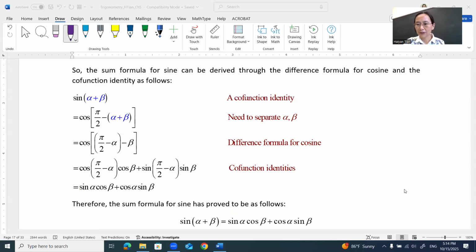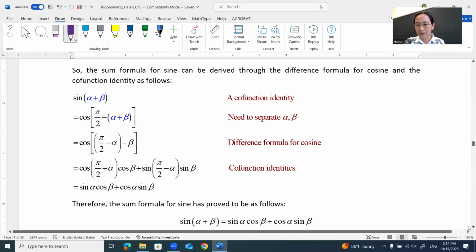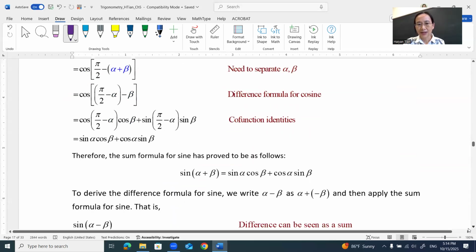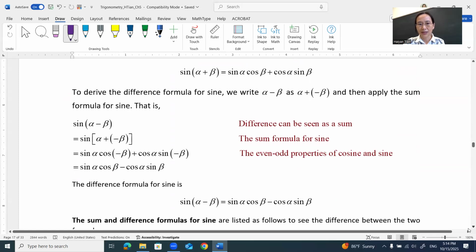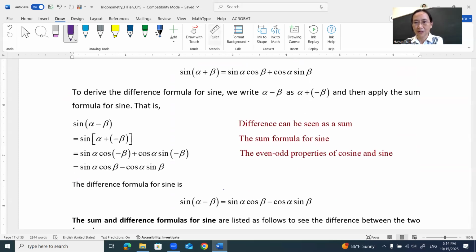And once we have the sine of a sum, can we get the sine of a difference? Yes, we can write it into a sum. Just put a sum with a negative beta. So alpha plus negative beta is the same as alpha minus beta.